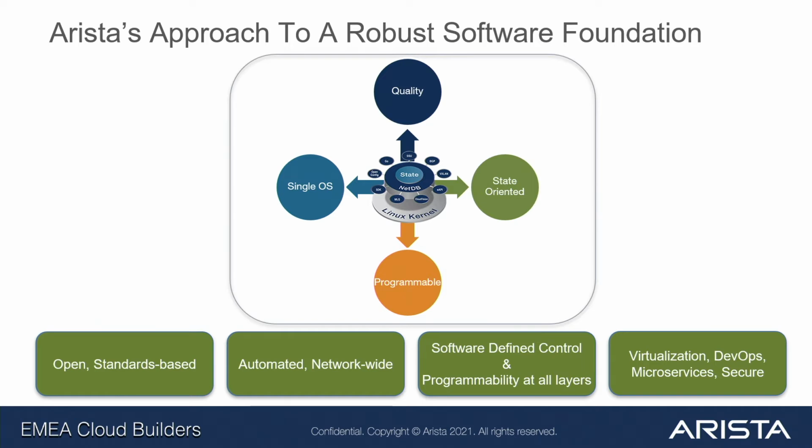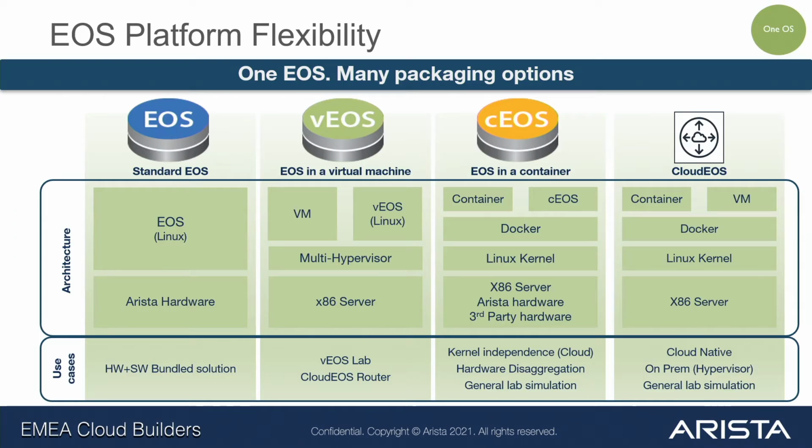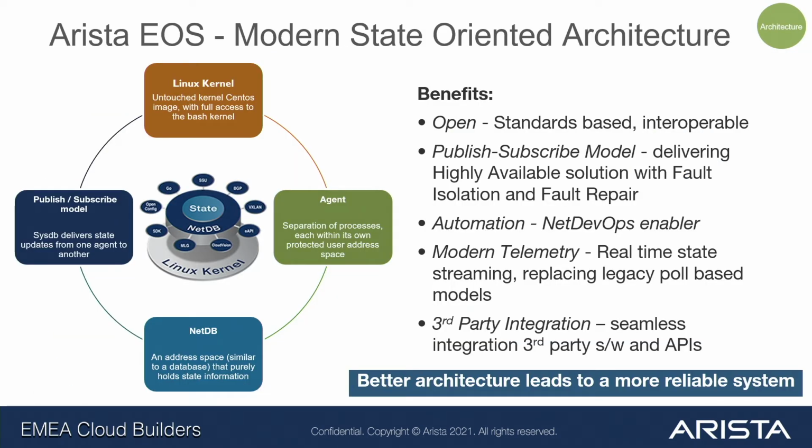And of course, underneath we have this state-oriented architecture, this publish and subscribe type model, which means that every process in the box is completely separate and cannot cause any issues with any other process on the box too. So again, some of the benefits of EOS, as I mentioned: open standards, publish-subscribe model, automation around some of the APIs and the NetDevOps approaches that we have in the box as well.